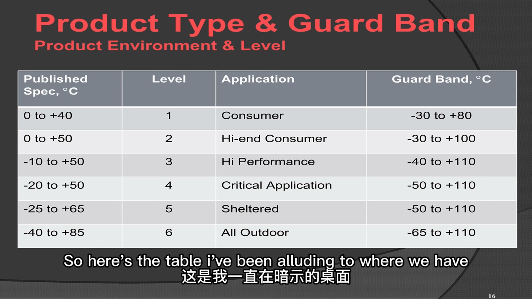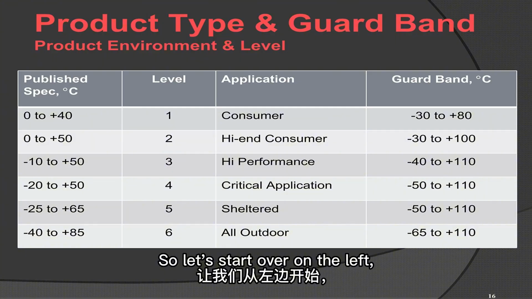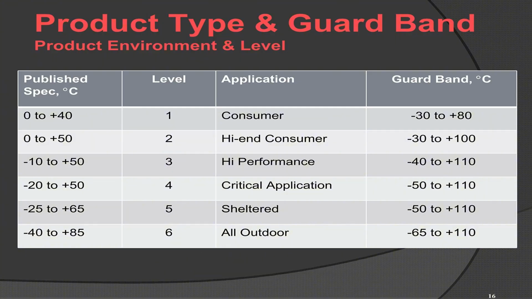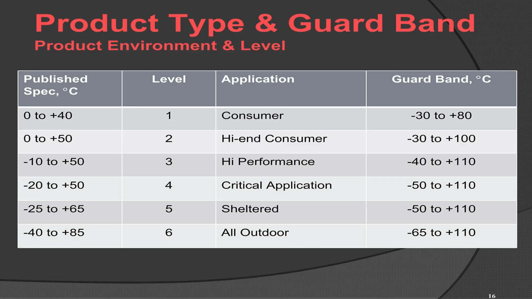So here's the table I've been alluding to, where we have the guard band limits on the extreme right-hand side. So let's start over on the left, the published specifications for the product. So hopefully your products meet one of those published specifications in that column, one of those 6 environments.